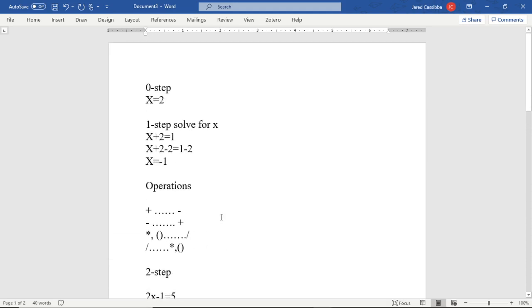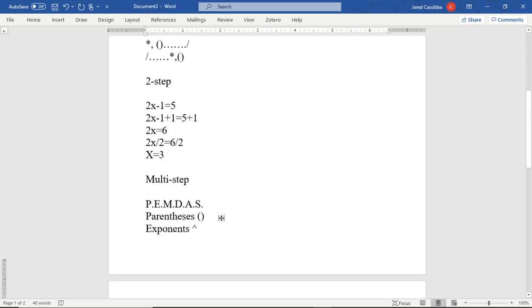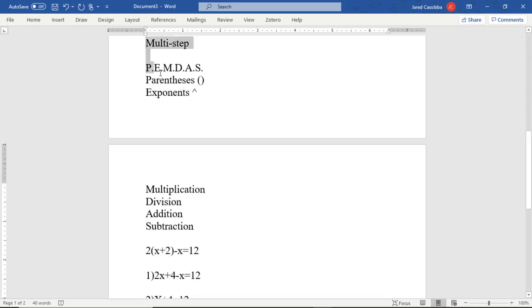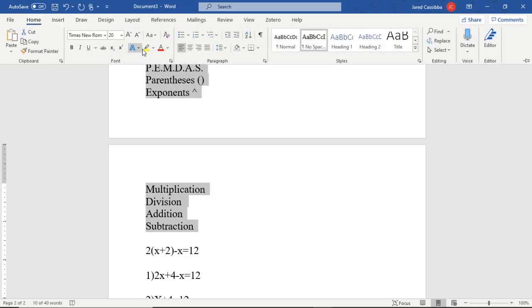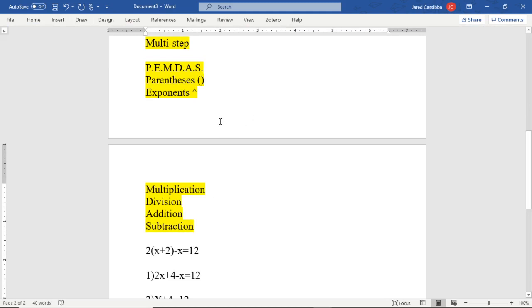So again, this is the basis of Algebra 1. This section right here, the multi-step with PEMDAS. That's something that we really need to remember and hone in, and I'll highlight that for us. That's the main part, the main emphasis of Algebra 1. Everything involves this multi-step equation. Whether you're dealing with functions or word problems, they all follow the same process of a multi-step equation.